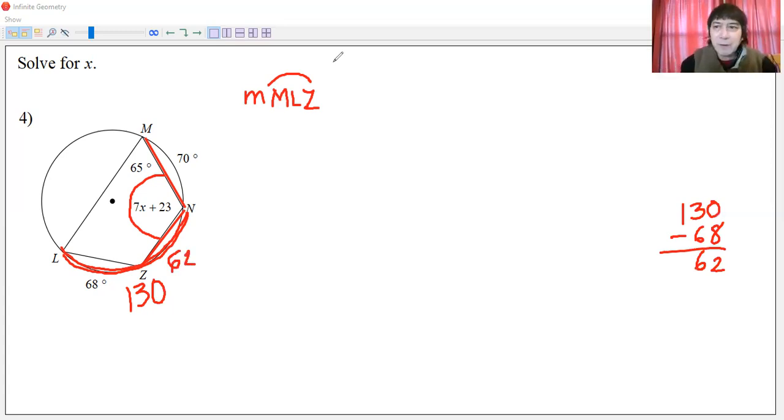There. Okay. All right. Now we can go around the circle now. At this point, it looks like we have 68, 62, and 70 plus arc ML, that completes the circle.